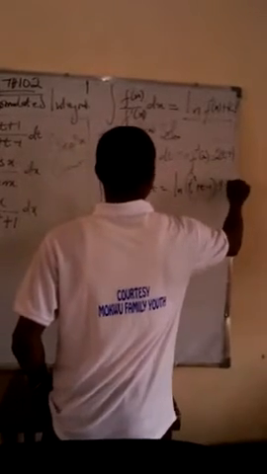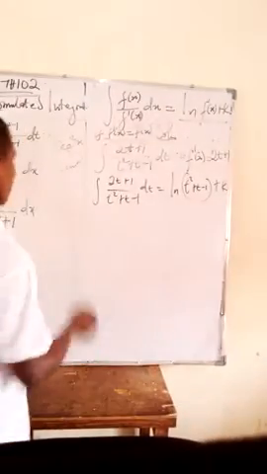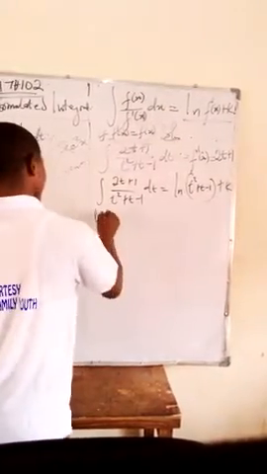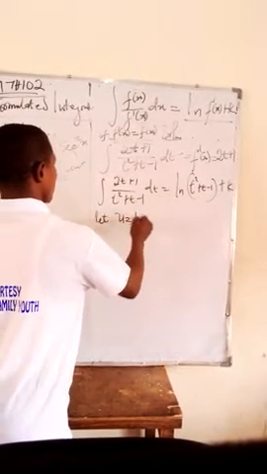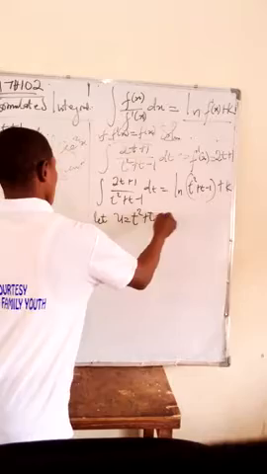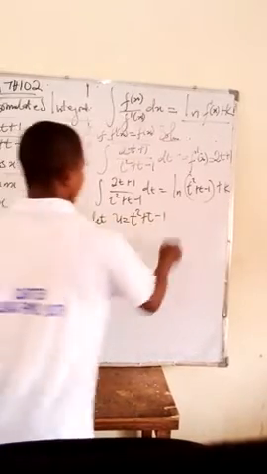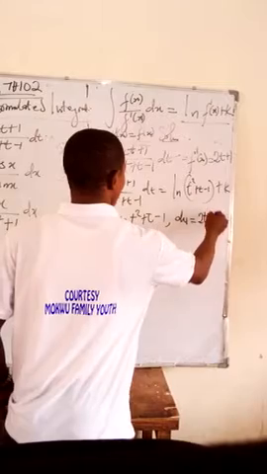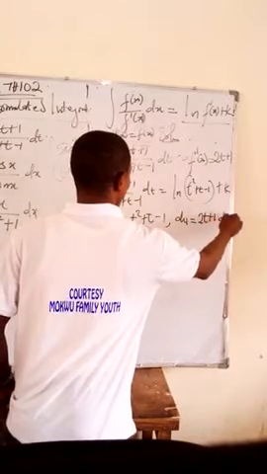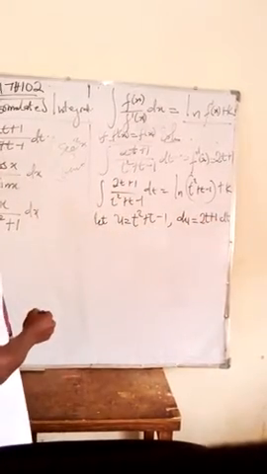Now, you can also solve it this way, by substitution method. I say, let u be equal to t squared plus t minus 1. Therefore, your du is equal to 2t plus 1 dt. Am I making sense at all? Yes.